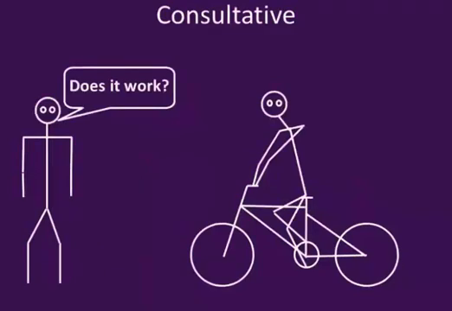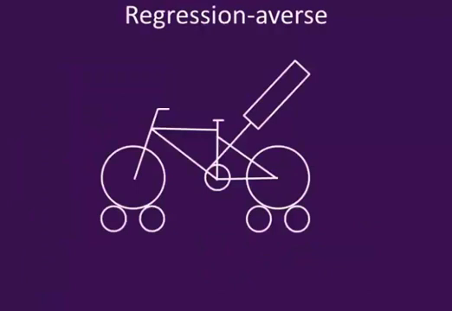We ask the customer what he thinks we should check, and we may even ask him to check it. Customer testing is called alpha or beta testing. Regression-averse. We construct an automatic test system and we test it to death.